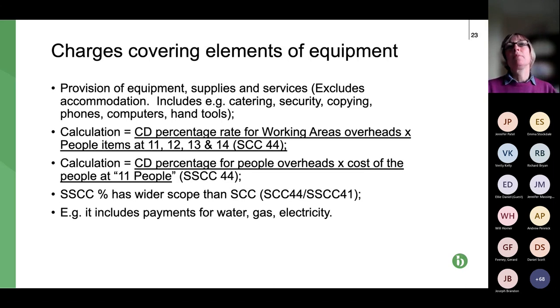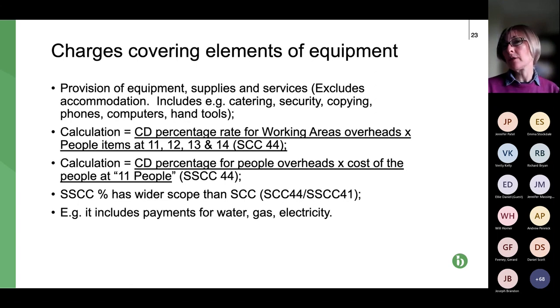So other charges which cover elements of equipment. So these are effectively, I would say, small elements of equipment. So it says here, it excludes accommodation.